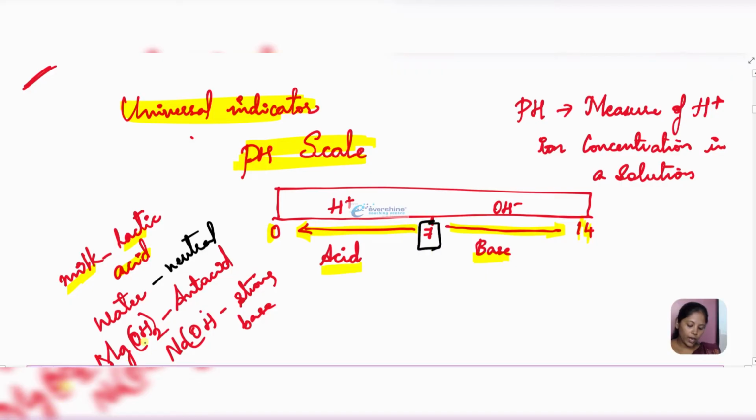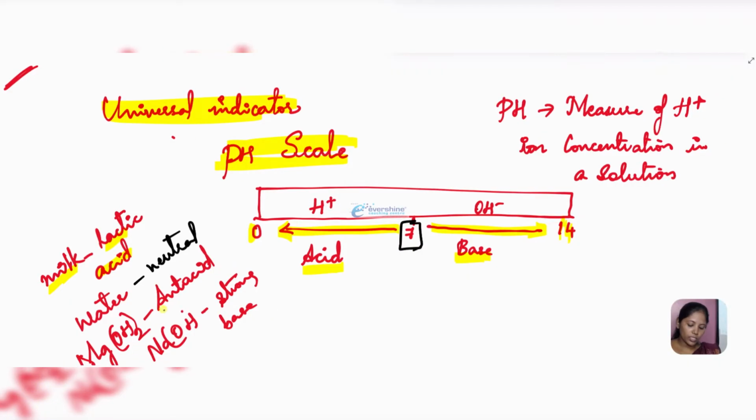Magnesium hydroxide is an antacid. If you keep this pH scale in magnesium hydroxide, it has to show a basic value, that is above 7. If you keep this pH scale in sodium hydroxide, since sodium hydroxide is a very strong base, it will show the value 14. So by using this pH scale, we can identify acid or base.